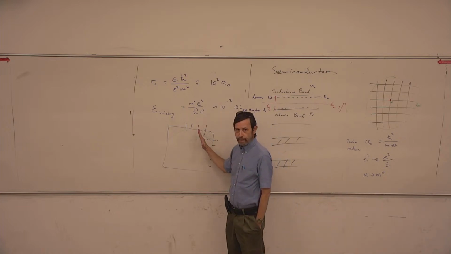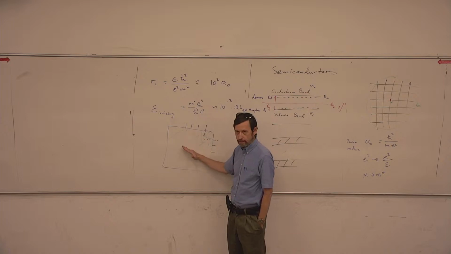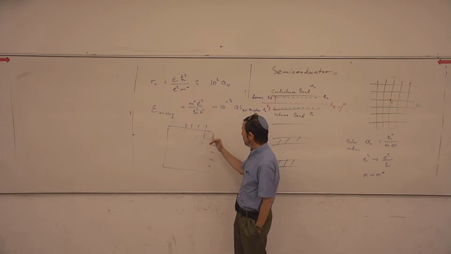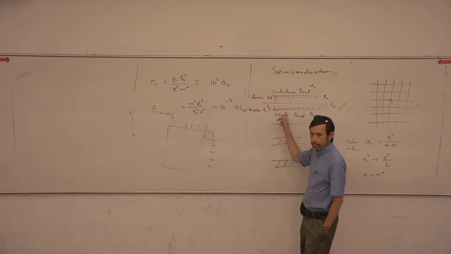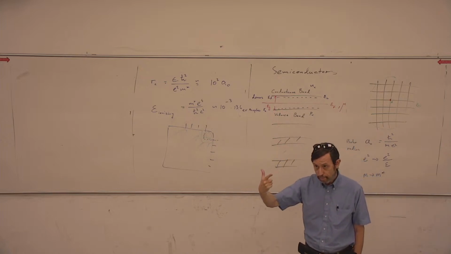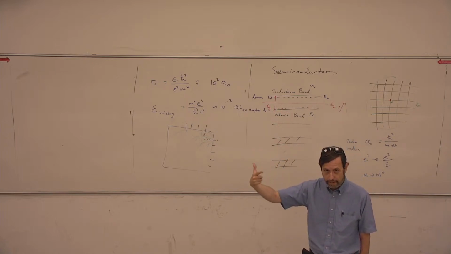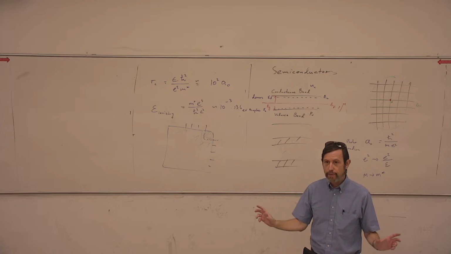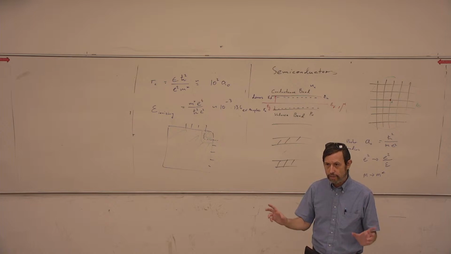So what I would like to do in the next couple of lectures is see what is the influence of these impurities on the occupation of the conduction band and valence band. And the second part is how a diode works.